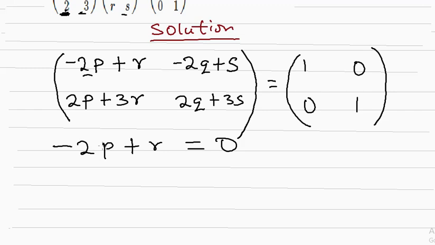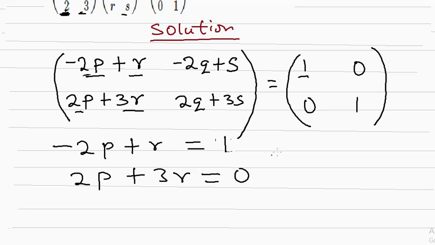Let's look at the second: 2p plus 3r. Please pardon me, minus 2p plus r, the first element here is equal to the first element of the left-hand side, which is 1. So 2p plus 3r is equal to 0. This is equation 1, and this is equation 2.